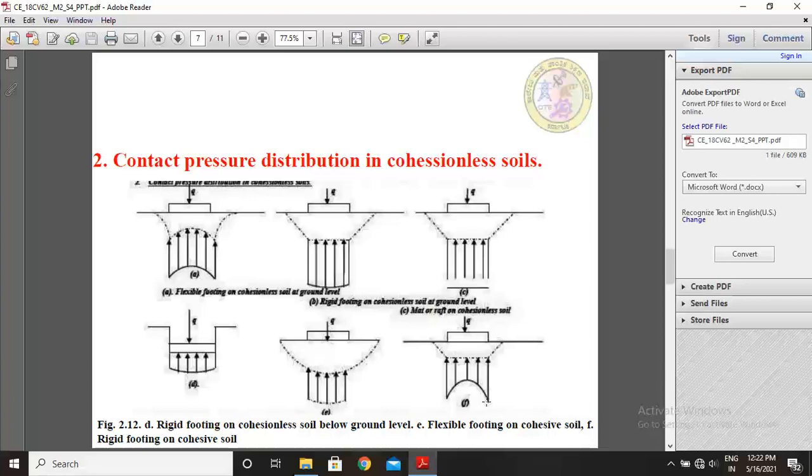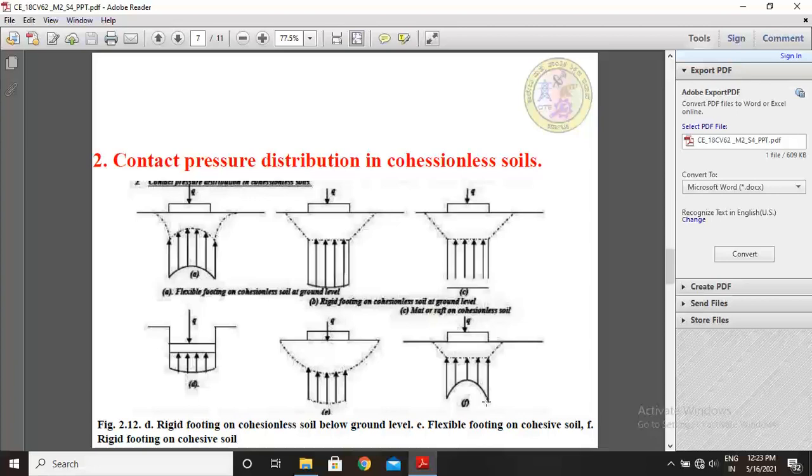If the footing is rigid, I will explain once again: the settlement is uniform, and the contact pressure distribution is minimum at the center and maximum at the edges. The stresses at the edges in real soils cannot be infinite as theoretically determined for an elastic mass. In real soils, beyond a certain limiting value of stress, plastic flow occurs and the pressure becomes finite.